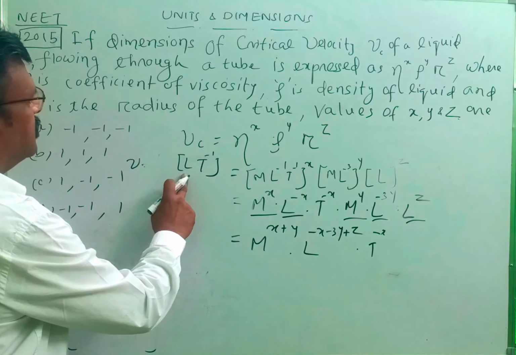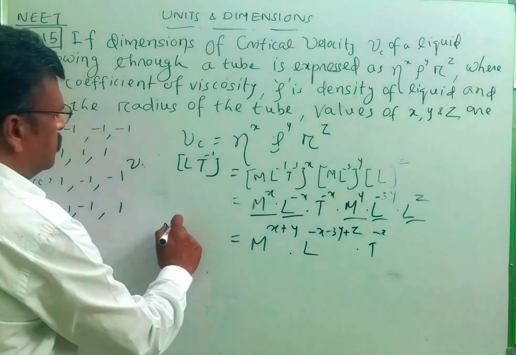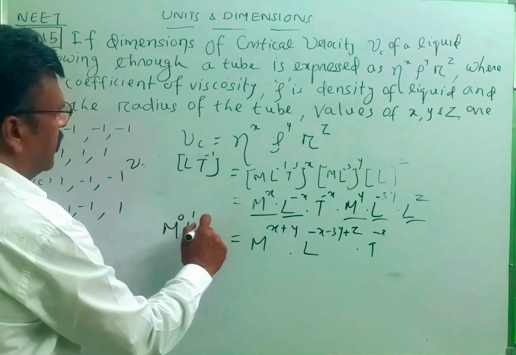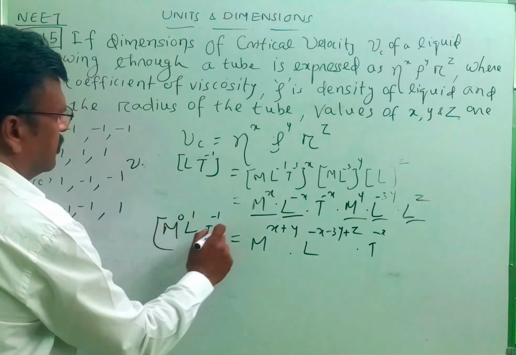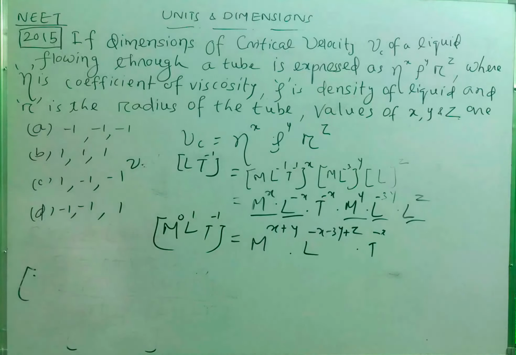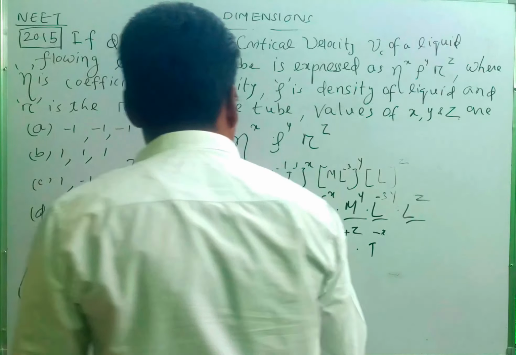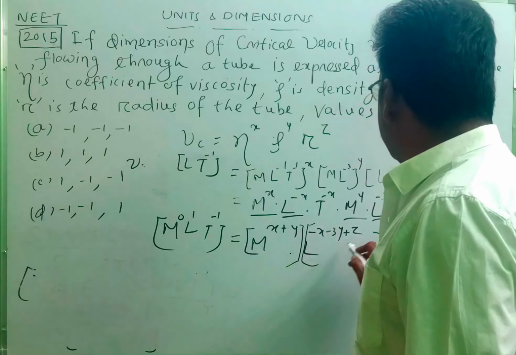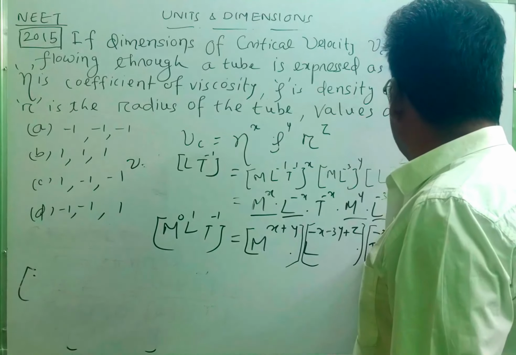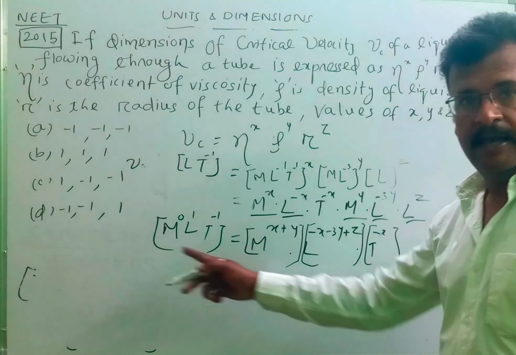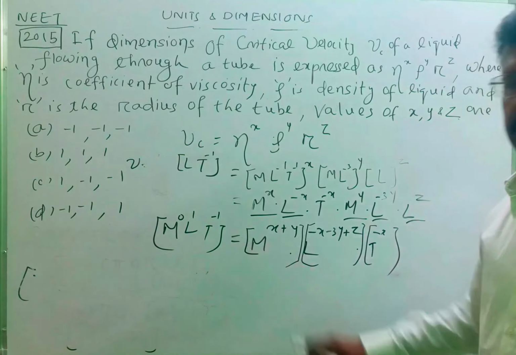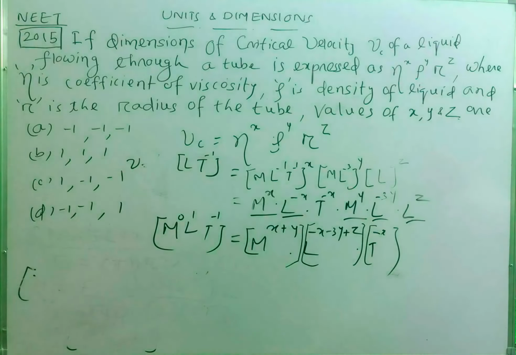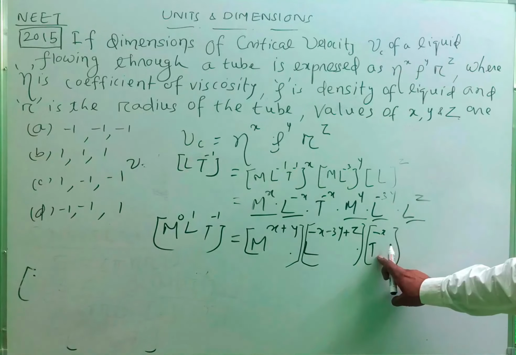Here, what is the dimension of M? There is no M, so we may write M0, L1, T to the power minus 1 in the left hand side. Okay, students, then we know from the principle of homogeneity of dimensions, the exponents of mass, length, and time in both the sides of the equation must be equal. So what is the dimensions of T here, student?